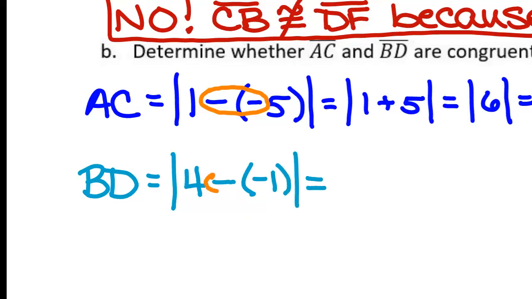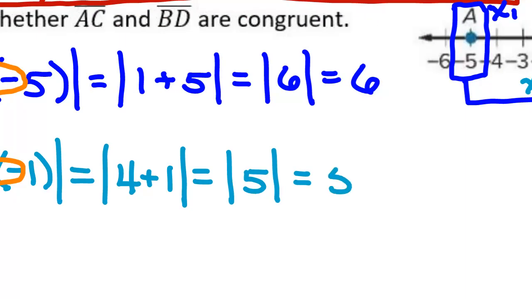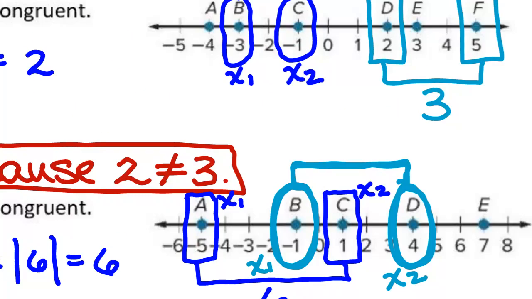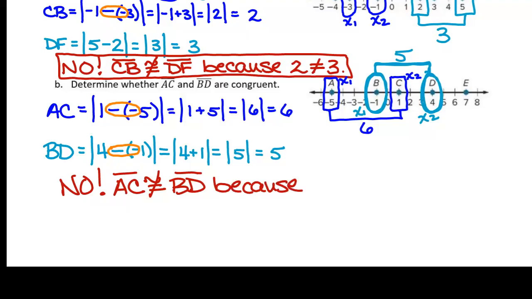So once again, subtracting a negative turns it into a plus. So that would be 4 plus 1, which gives me the absolute value of 5. And what is the absolute value of 5? 5. So are these two segments congruent? No. AC is not congruent to BD because 6 does not equal 5.